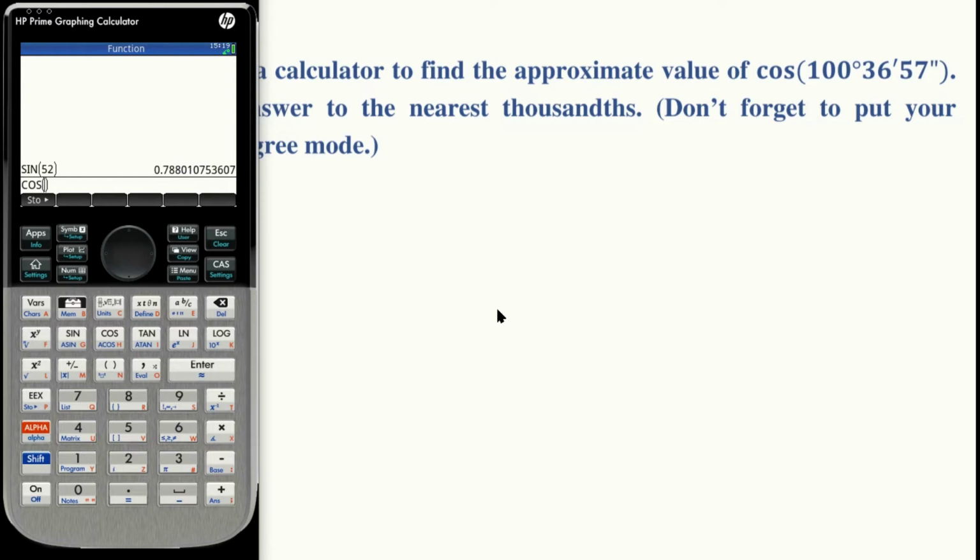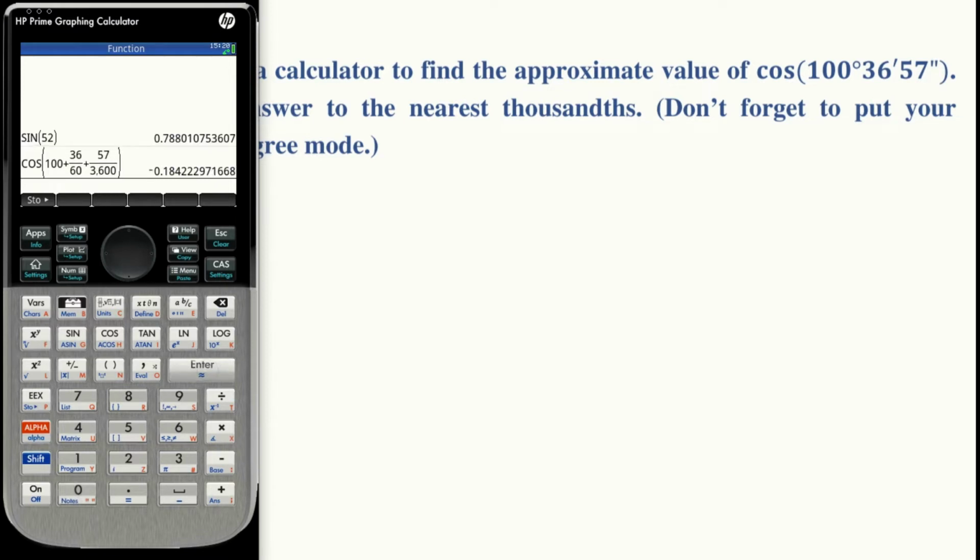So you already know how to do this. So we're just going to type 100 plus, we're going to turn the 36 minutes into degrees by dividing by 60, and we're going to turn the 57 seconds into degrees by dividing by 3600, just like that. So now you can just hit enter and you'll have your answer.